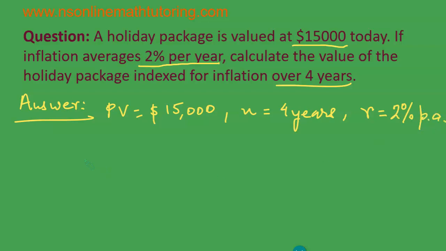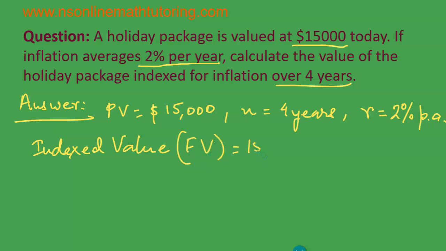Okay, so the indexed value of the holiday package or the future predicted value is equal to 15,000 times 1 plus 2 over 100 to the power of 4.